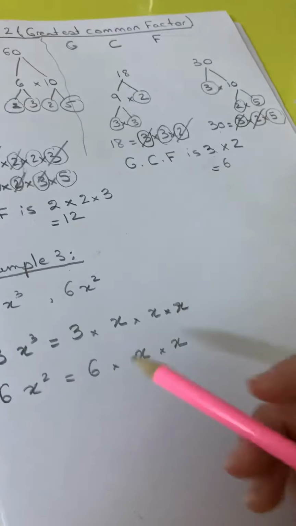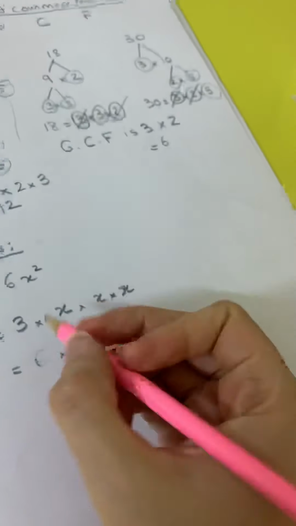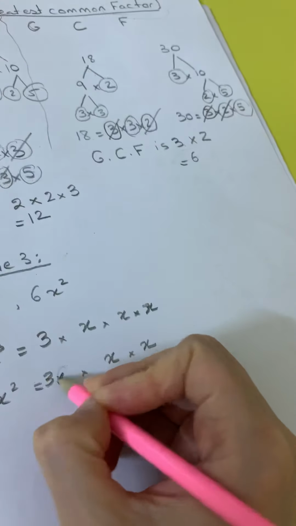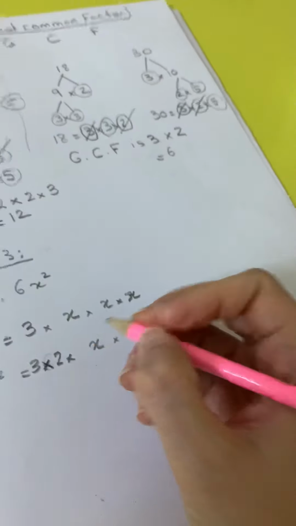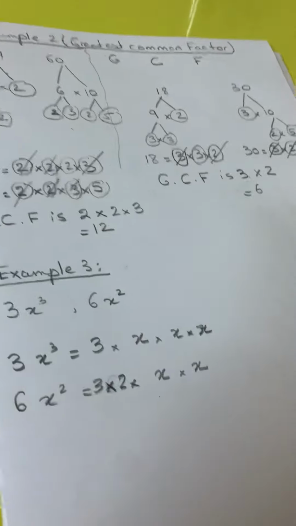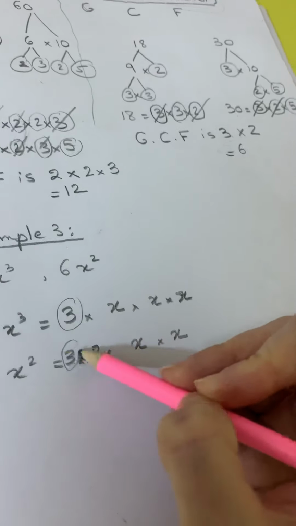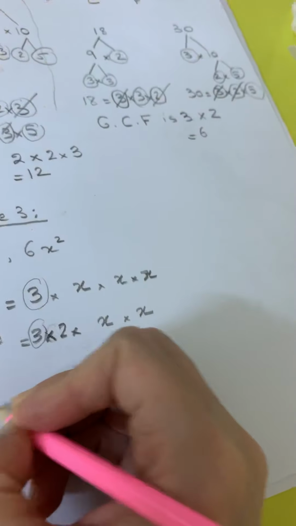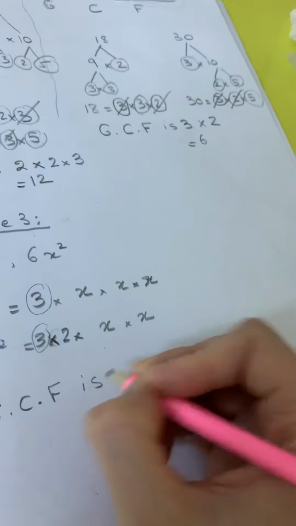But if you can notice that 6, I can break it down more. So I'll erase 6 and I will write it as 3 times 2. You can break it. Don't leave it as it is, okay? Break it into prime numbers. Now, let's start. 3 and 3 are common. So the GCF is 3.